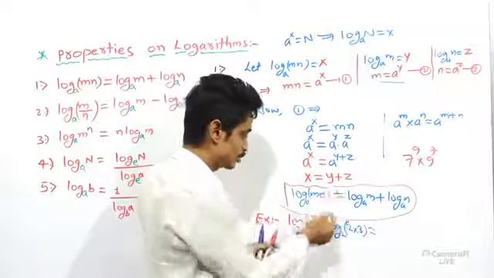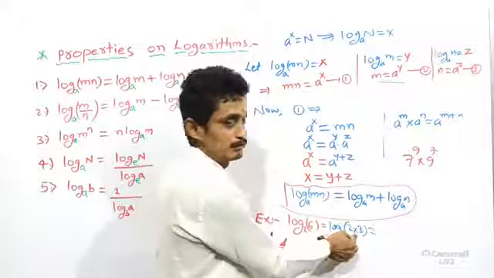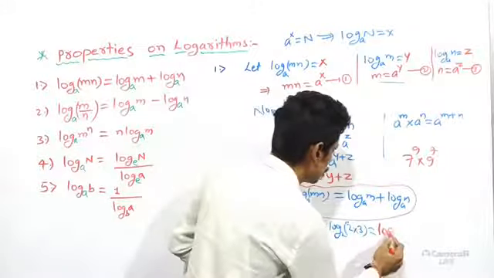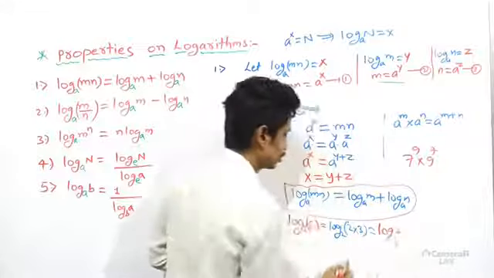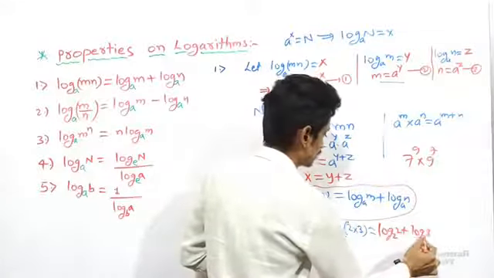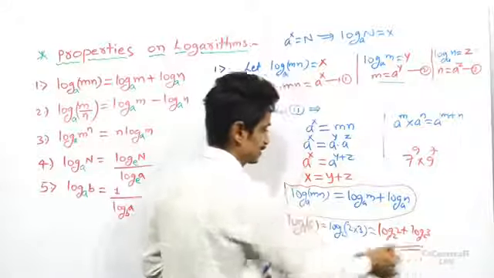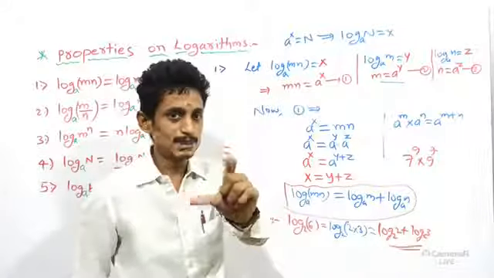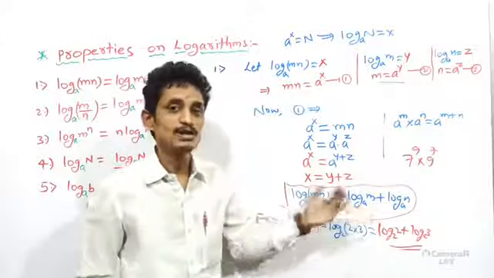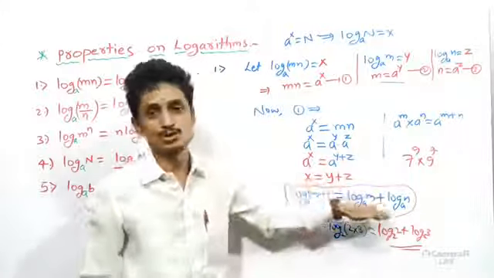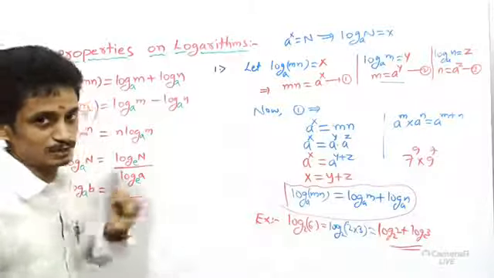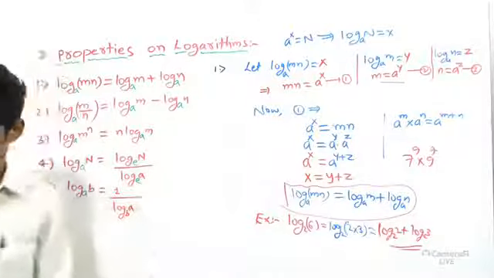By applying this rule, log of mn turns into a sum. So we can write log of the first number 2 to the base 2 plus log of 3 to the base 2. Like this we can separate it. Keep in mind, I am just telling you how to convert a multiplication to addition. That is property number 1. Note it.